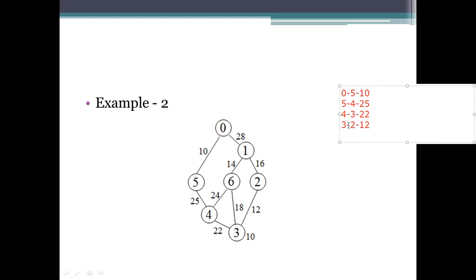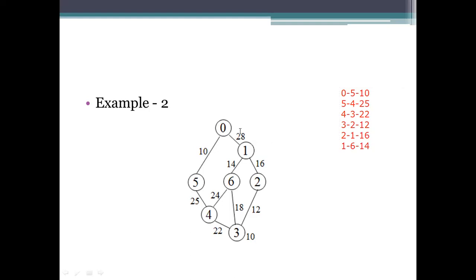So at 2, we have only one element, which is 16. 2 to 1, which is 16. And from 1 to 6, we have 14. Let us see whether this order is correct or not.